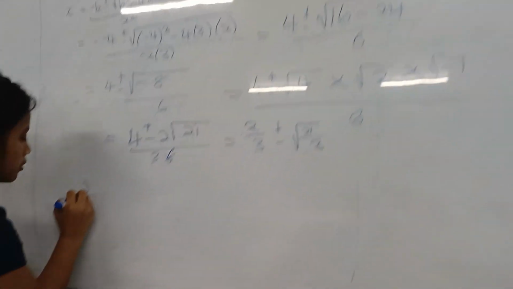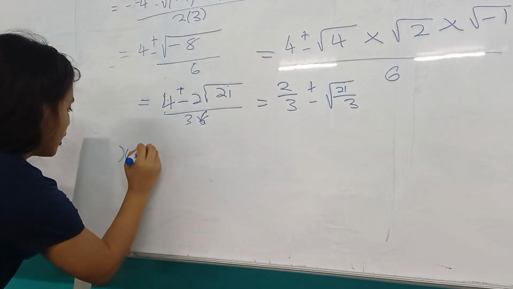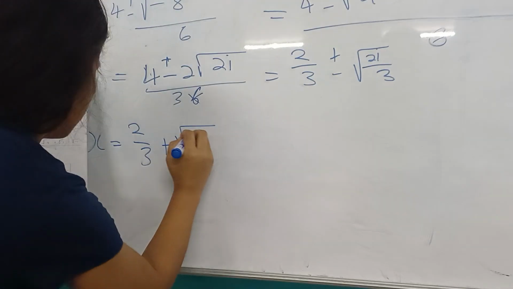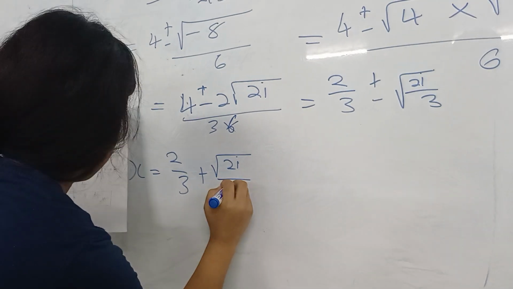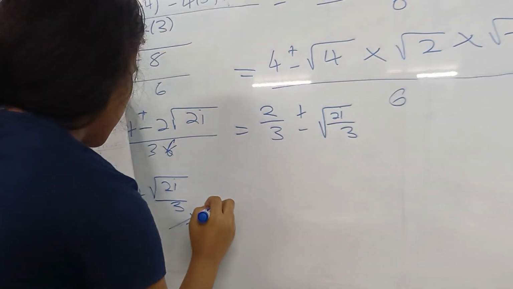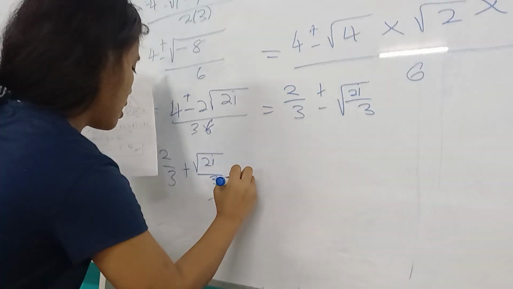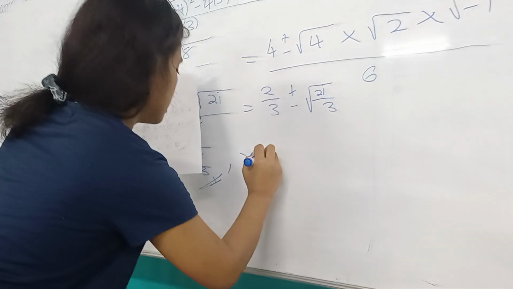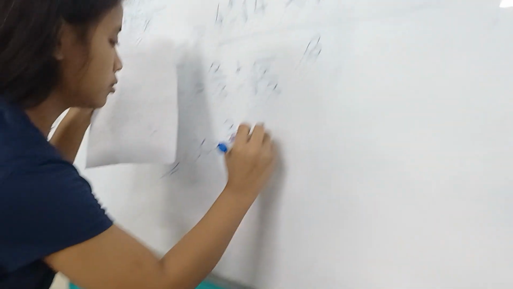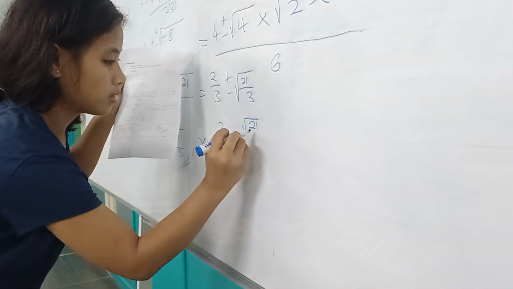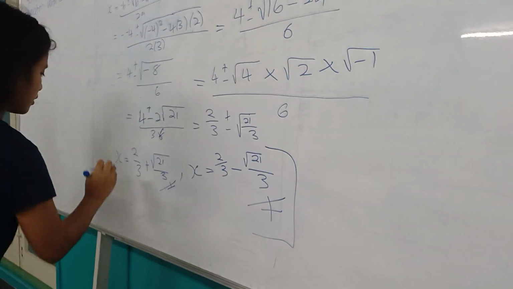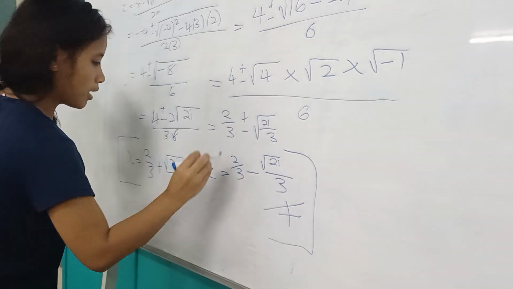And now we get x equals 3 plus 2i over 3, and the other x value is 3 minus 2i over 3. Okay, done, madam.